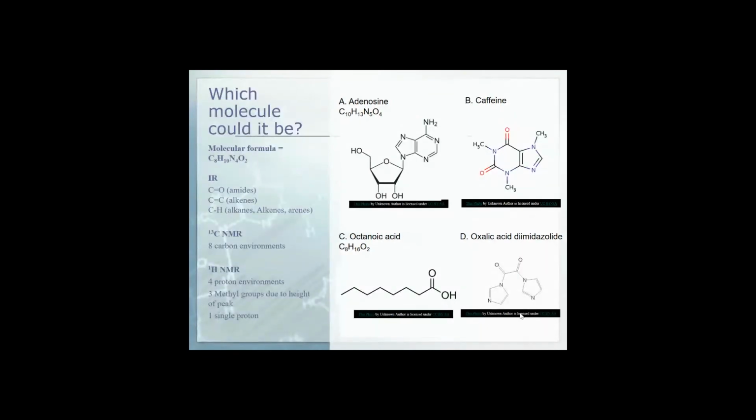So therefore it can't be this one. And the other part, you'll notice we don't have enough hydrogens, but the rest fits in beautifully. So the correct answer is caffeine. So well done, guys, for those who have worked it out.